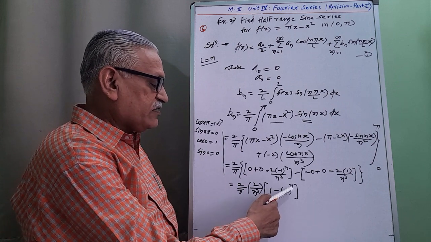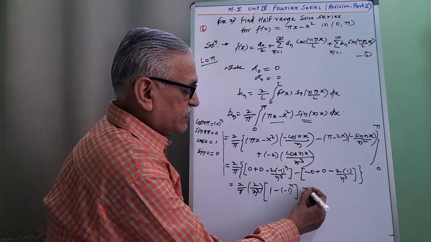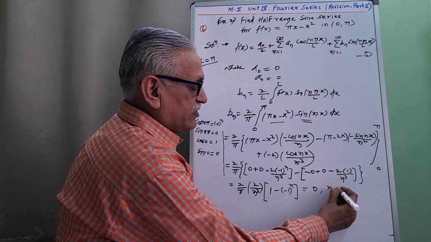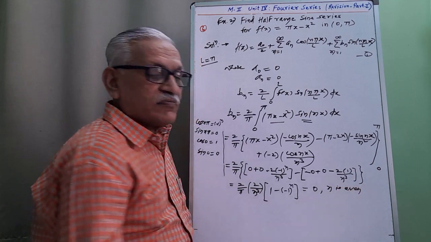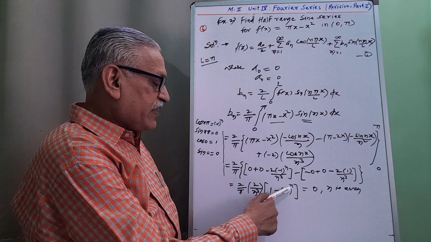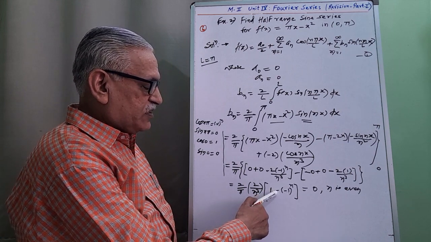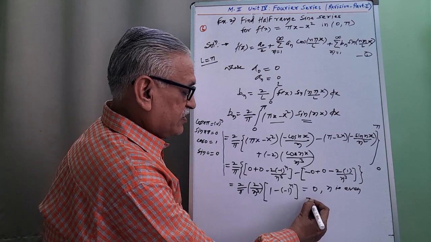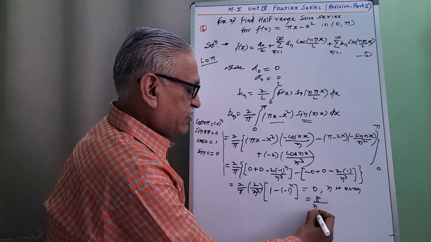When n is even, minus 1 raised to 2 we get 1, 1 minus 1 it becomes 0, means this becomes 0 for all even values of n. And when n is odd, minus 1 raised to 1, value is minus 1, minus it becomes plus 1, 1 plus 1 we get 2, and 4 times 2 is 8, therefore that value is 8 by n cube pi.